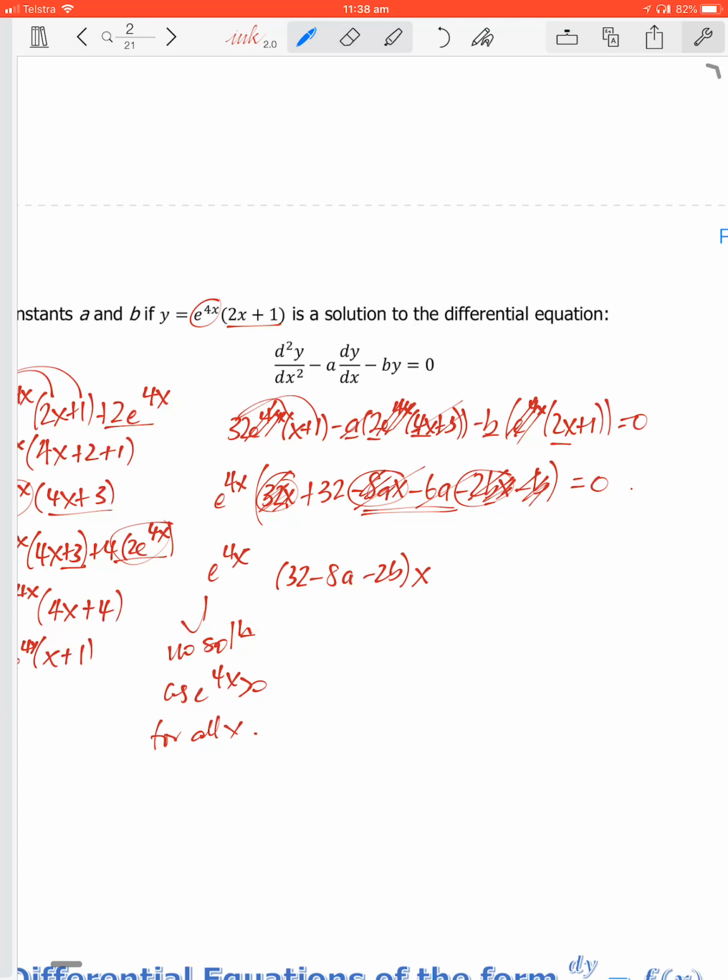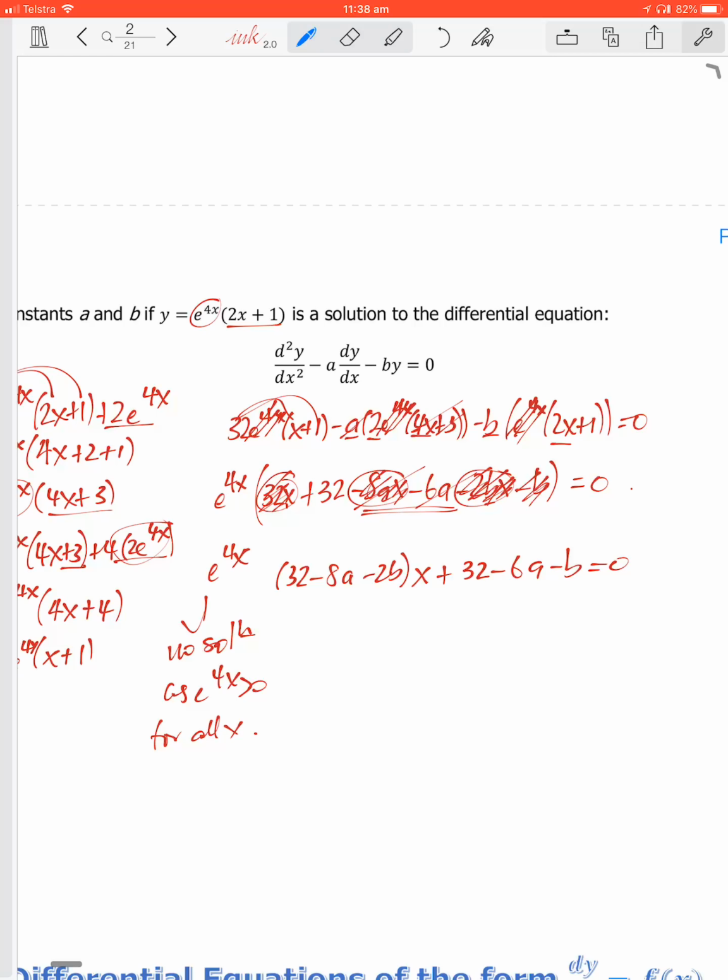Plus 32 minus 6a. And then, what am I going to have? Minus b equals 0.